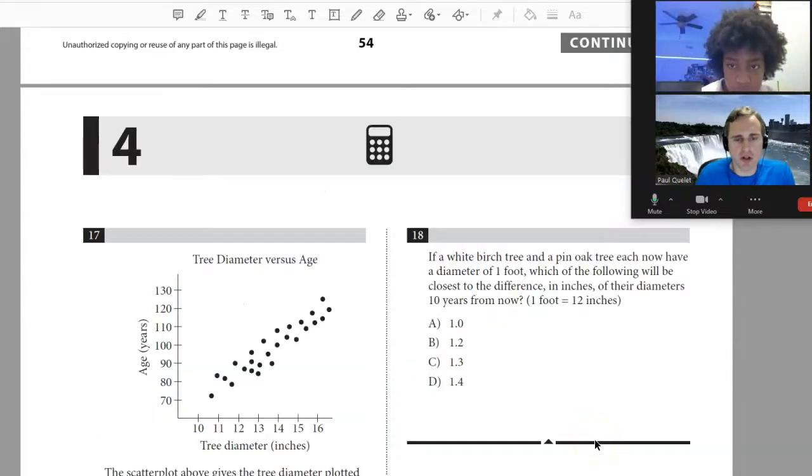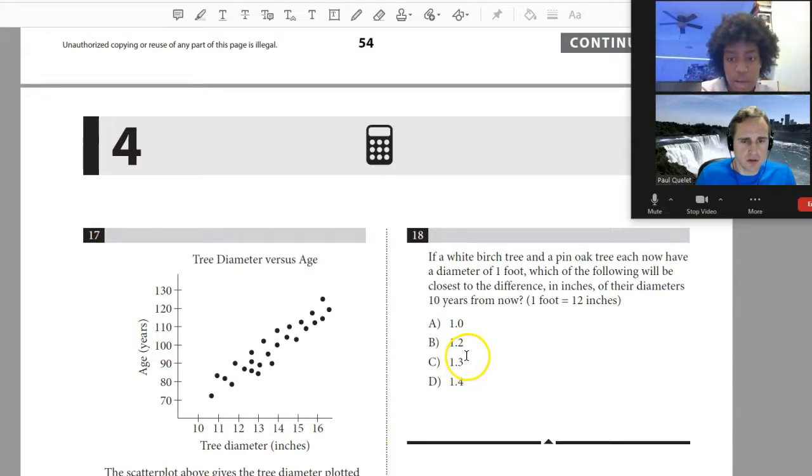If a white birch tree and a pin oak tree now each have a diameter of 1 foot, which of the following will be closest to the difference in inches in their diameters 10 years from now? So I would just take the 1 foot and put that back down to 12 inches, just because it's asking for inches. All the diameters are in inches, and then it's asking for the difference. So then you would just do 10 years from now. Which one? The white birch tree?